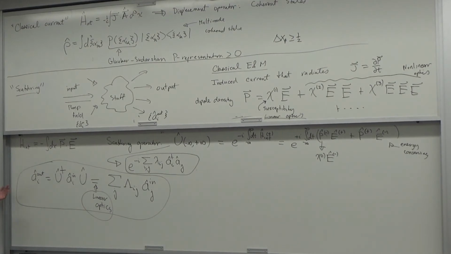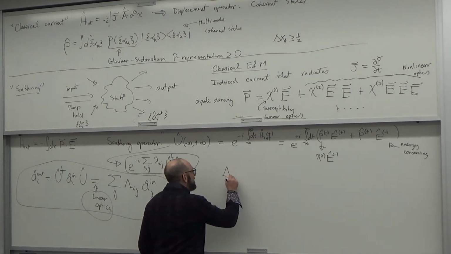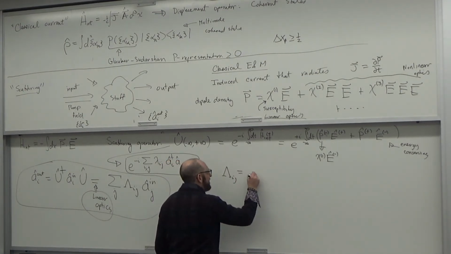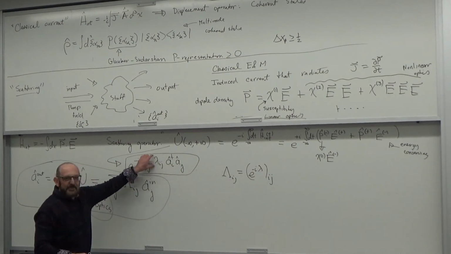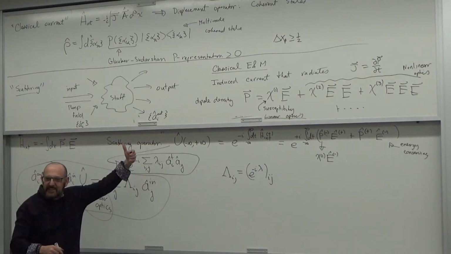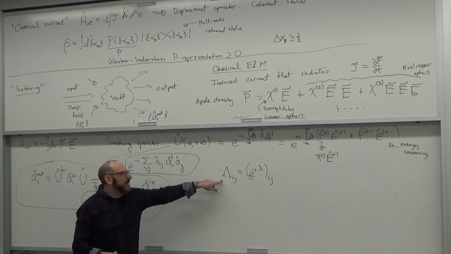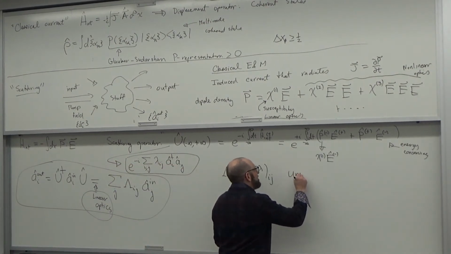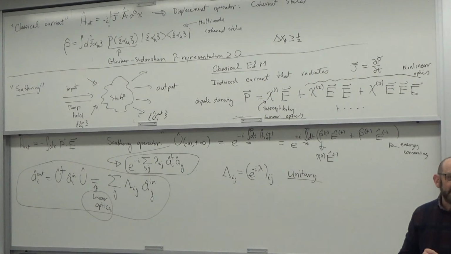In other words, the output modes are a linear transformation on the input modes, where this matrix is just the matrix exponentiation of lambda. If you think about lambda as a matrix, you exponentiate it, you get this capital Lambda, which itself is a unitary matrix if it's lossless. No gain, no loss, no harm, no foul.